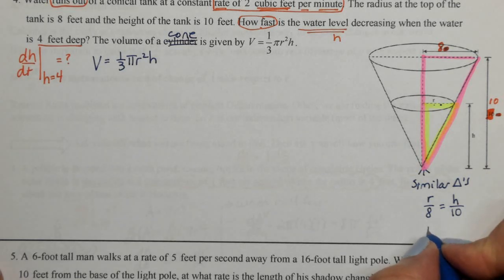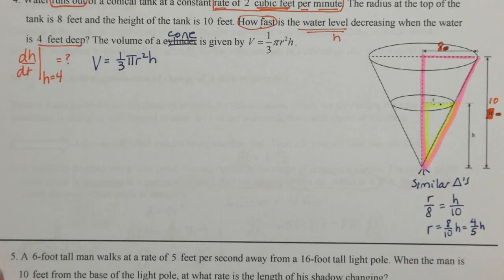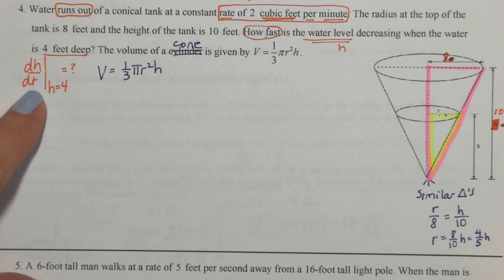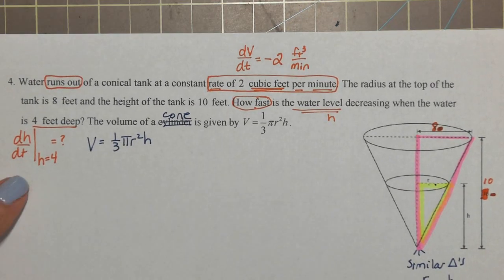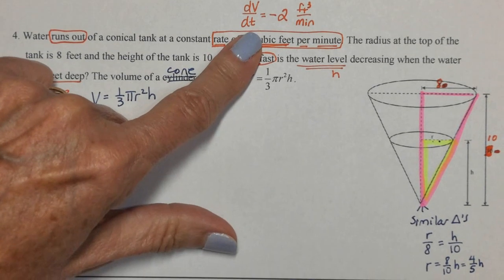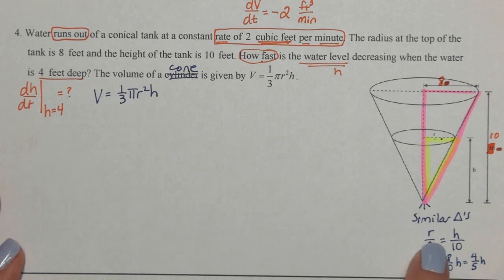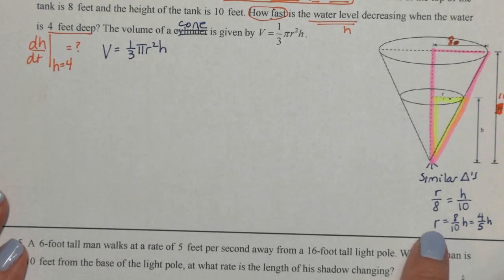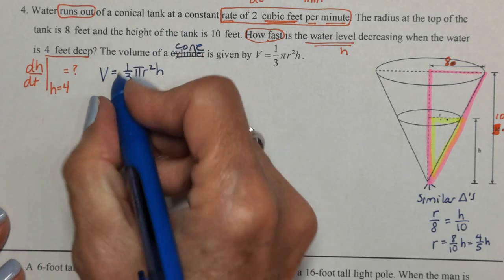So I know that R is equal to 8 over 10 H, which is 4 over 5 H. Which means, since I want dH dt and I have dV dt, I want to get only h's involved if possible. So I want to replace R with something with h's in it, and now I can, because R is 4/5 h. So I'm going to replace this R with 4/5 h.